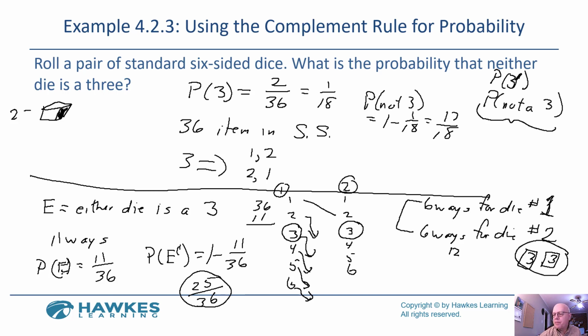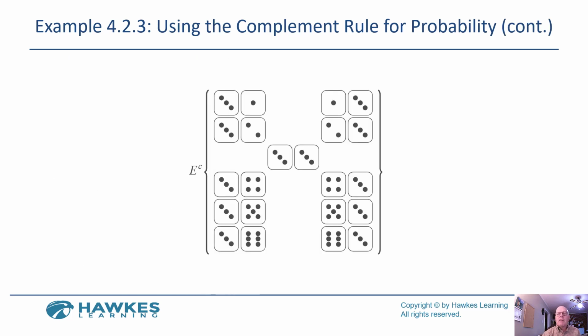All right, there's a picture of our die. We have one of the sets of 3 here. There's one set, there's 6.